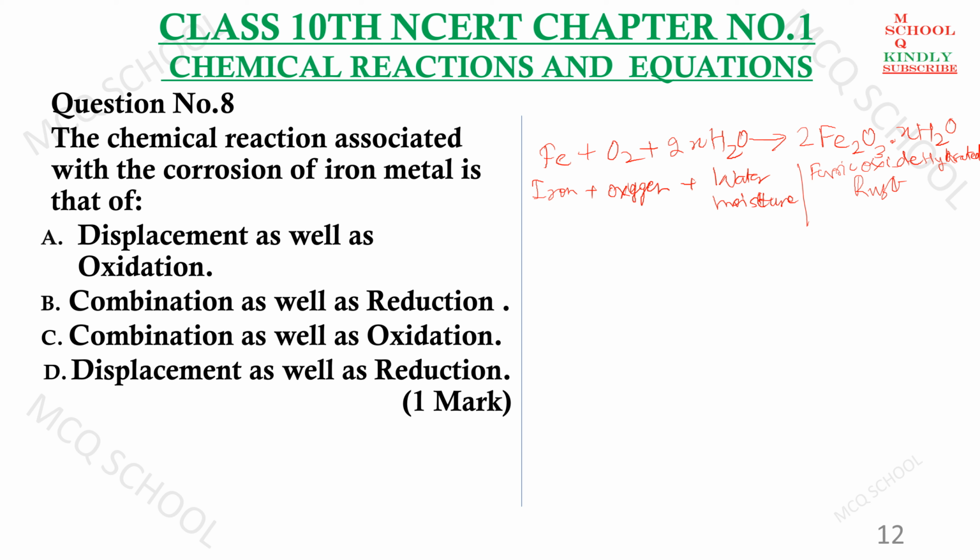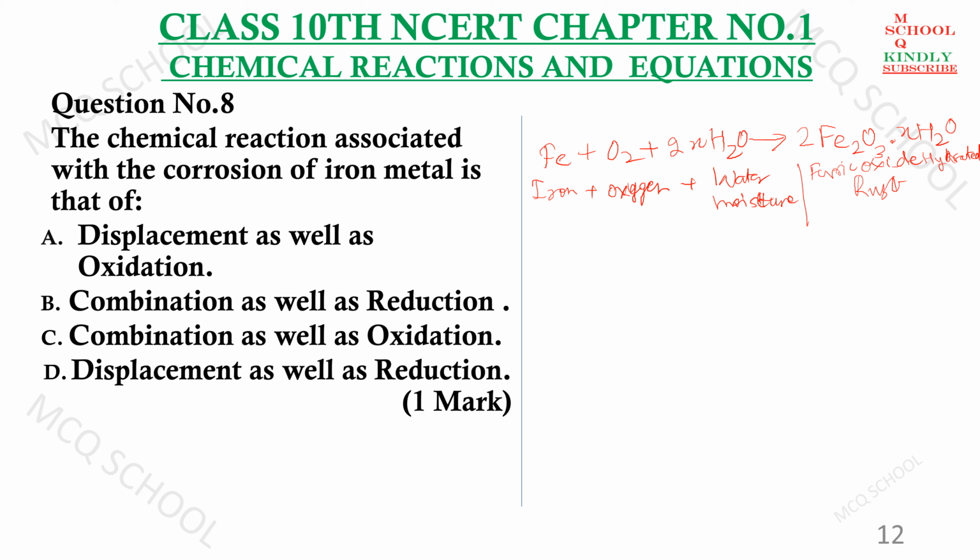So as discussed in the last slide, it is combining three items, compounds and elements, which combine together to form a combined compound, that is ferric oxide, hydrated rust.